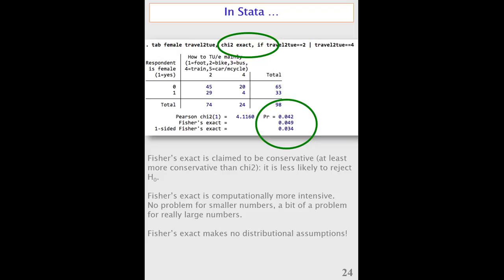So Fisher is actually the same as chi-squared, but... No, so chi-squared and Fisher's exact test the same thing, namely if the rows and the columns of the table are independent, but they do it in slightly different ways.